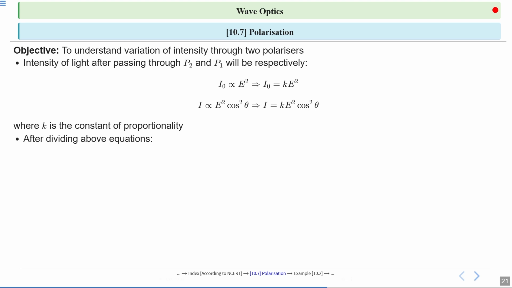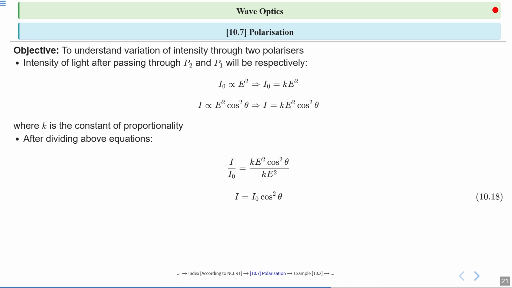So let's divide the equations we just discussed. By dividing these equations, we arrive at I upon I naught equals k E square cos square theta upon k E square. So k E square from numerator and denominator will cancel out. After simplifying, this leads us to the equation I equals I naught cos square theta.